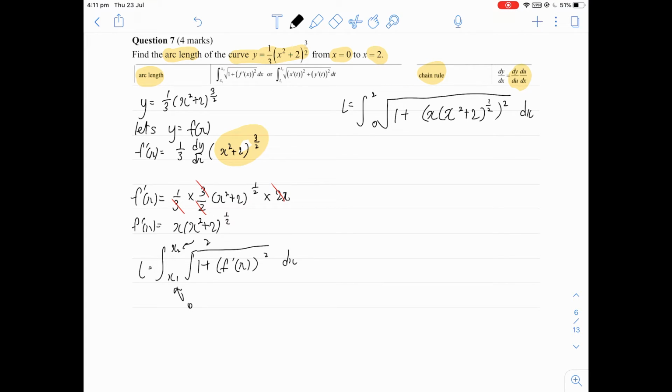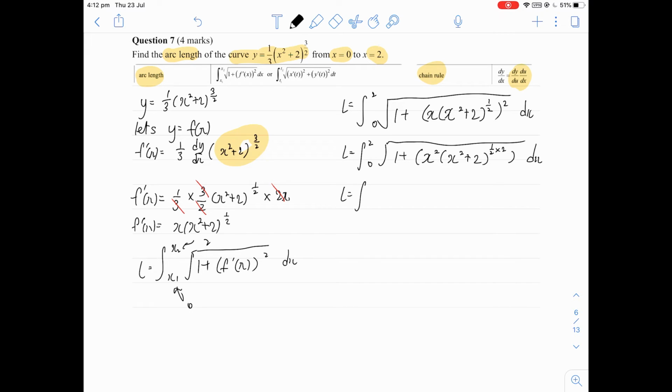Now let's simplify this. We can write this as 1 plus, but now let's multiply the square into the brackets, and we'll get x squared plus 2 to the power of 1/2 multiplied by 2, which just gives us 1, dx.